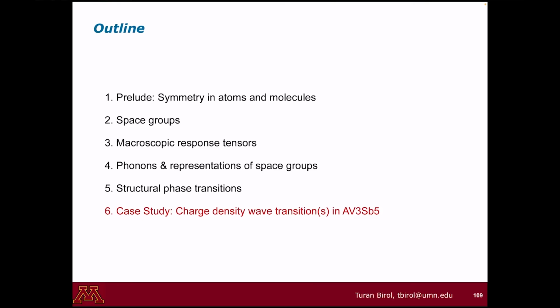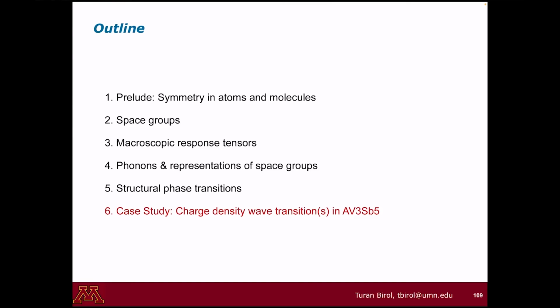Sure, of course. So when I talk about the representations, I specifically refer to the representations of the parent space group, where the order parameter transforms as some irrep, which is gamma 4 minus now. Now, once the order parameter actually freezes in and the symmetry is reduced, you can then again do the group theory analysis in that low symmetry structure and find a new representation name for the order parameter.